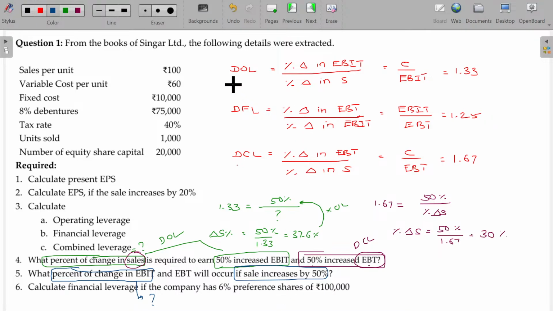So the operating leverage being 1.33, percentage change in sales being 50, then I have to find out this one. Percentage change in EBIT in this case being 50 into 1.33, which is 66.67%. Is that okay? So these two are connected using degree of operating leverage.